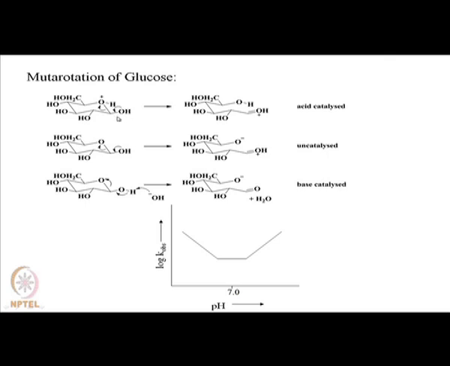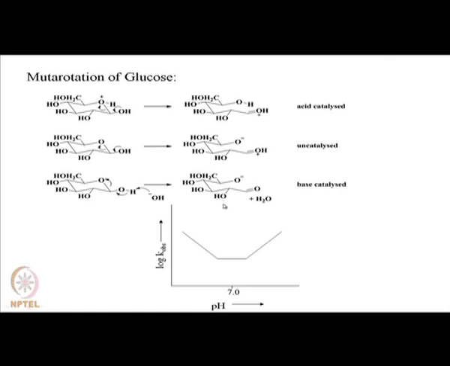Under such low concentration, either this mechanism or that mechanism is difficult to operate. There may be a very little amount of H plus which tends to protonate this oxygen, but since the concentration is less, that contribution is also less. In the same way, since OH minus is also less, the contribution of this step is also less. But it is happening, because although it is very low, it has some finite value.